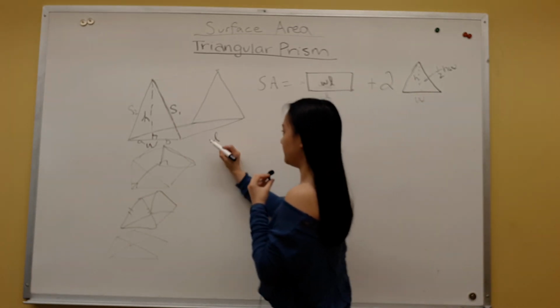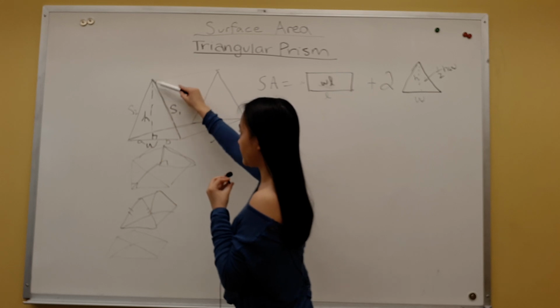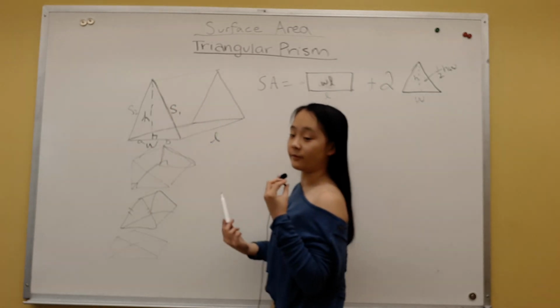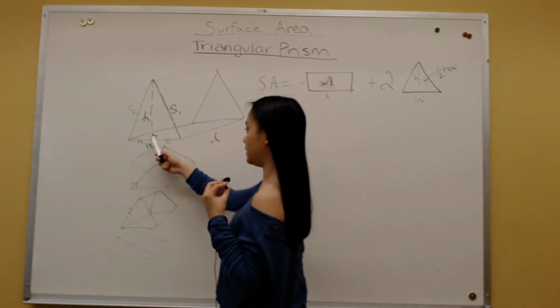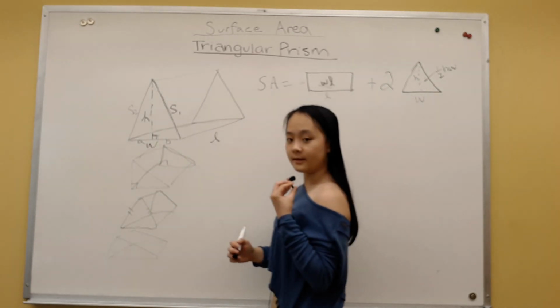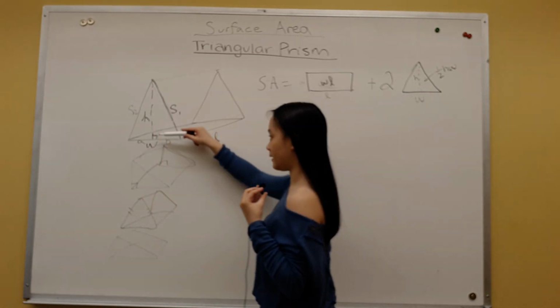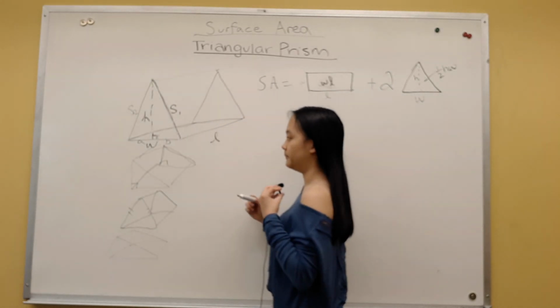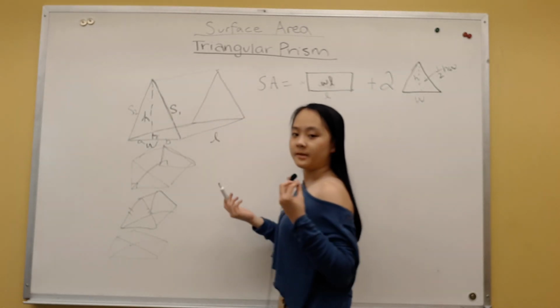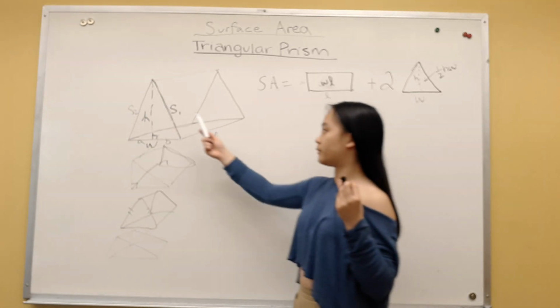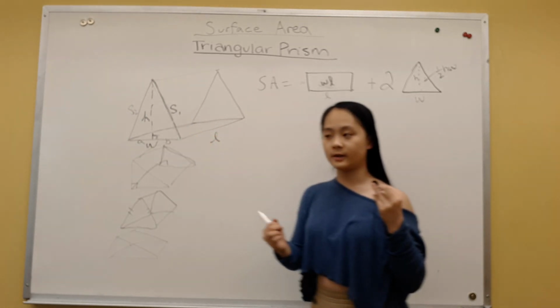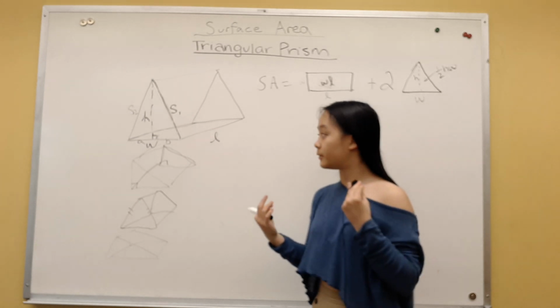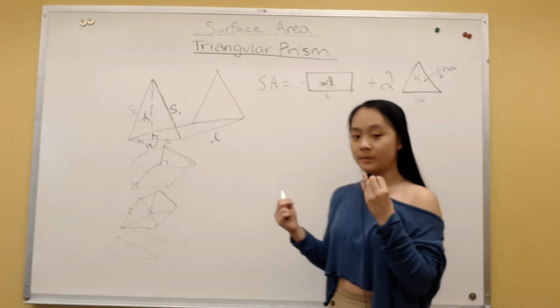With slant 1, you'll notice that by the definition of a height, this angle right here would be 90 degrees. And since it's 90 degrees, you could realize quickly that this shape is a right triangle. Once we see a right triangle and we want to find the sides of this right triangle, we could think right away to one of the most popular theorems in mathematics, the Pythagorean Theorem.